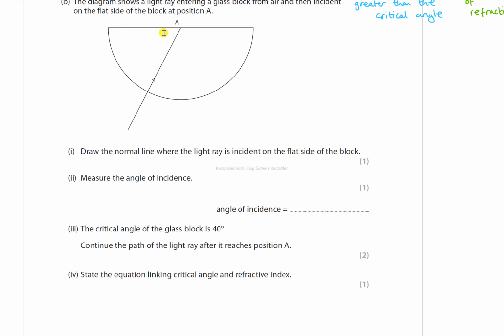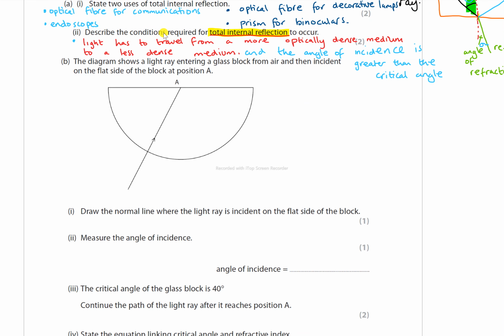Now the diagram shows a light ray entering a glass block. Let me put that up. From air, so this is air, and this is glass. So this is perpendicular, so you've got no refraction.